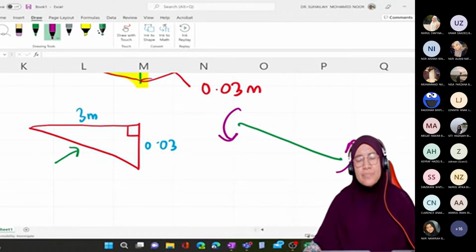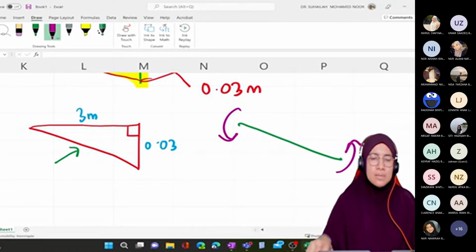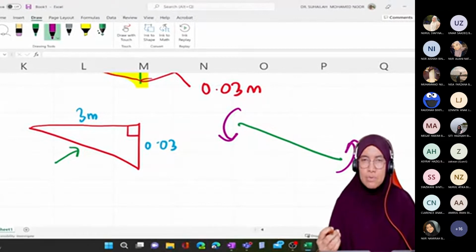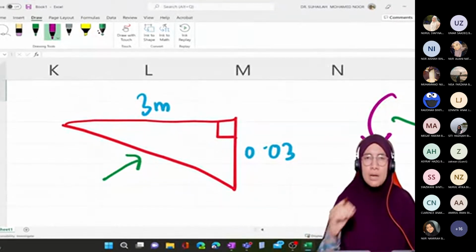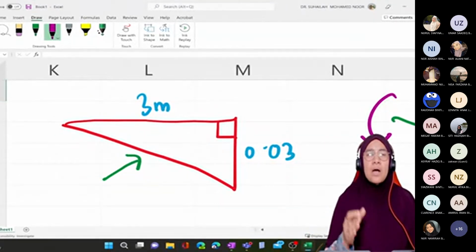So in short, what we can conclude is the easiest way to identify the sign for fixed end moment due to delta is by looking at this triangular.